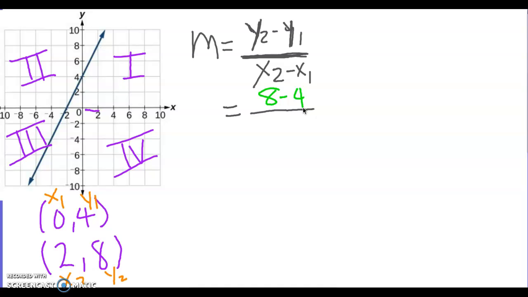I want you to look in the lower left-hand corner at the numbers that we've already identified. So the orange. So remember that we're looking for our x's, 0 and 2, sure. So what is x2? Which number is x2?